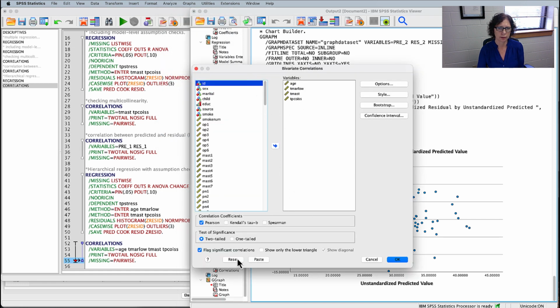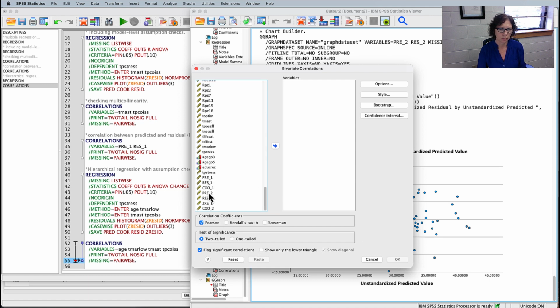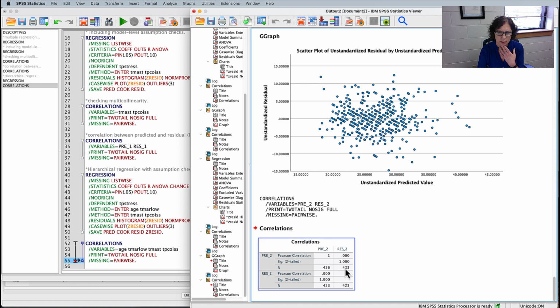I'm going to clear this with the reset and go down to the bottom where I have predicted and residuals, and hit OK so that I can see. Looks like it's got a 0 Pearson correlation between the predicted and the residuals. Good. That means I have not violated linearity of the residuals.